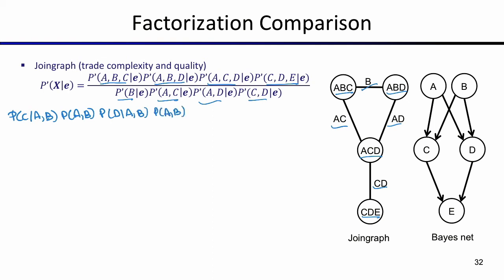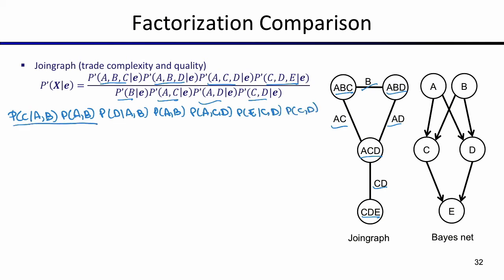We have the probability of ACD, let's keep this. And we have the probability of CDE, but what I want is the probability of E given C and D times the probability of C and D.